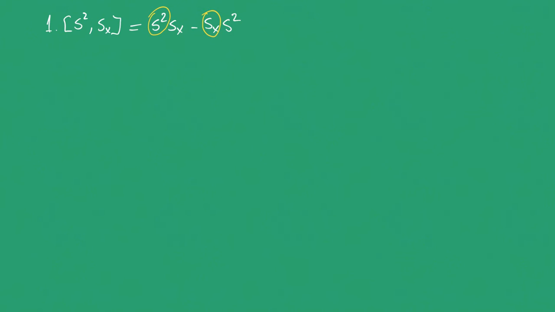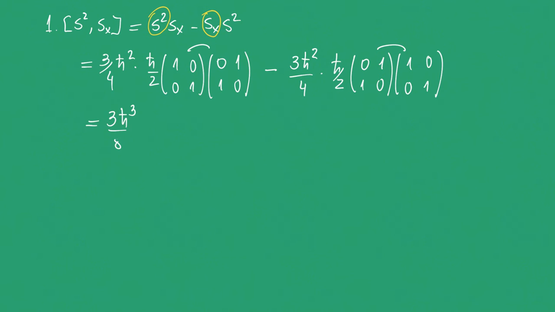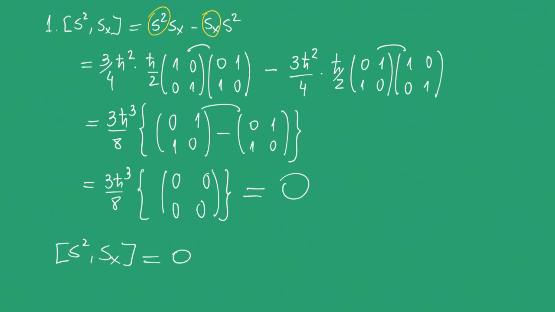Then we just replace them with their matrix representations and perform the calculation as follows. Therefore, the commutator between S squared and Sx equals 0. And we can say that the operator S squared and the operator Sx commute or are commuting observables.